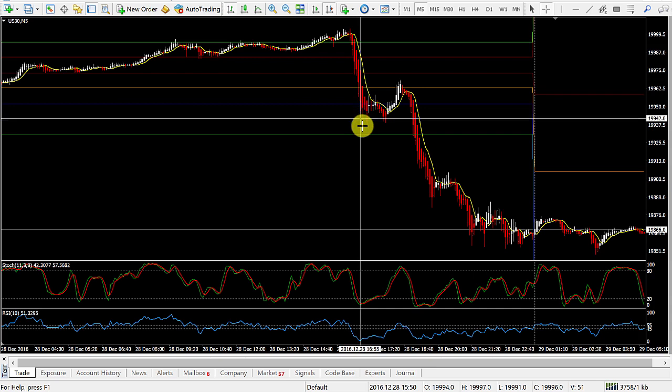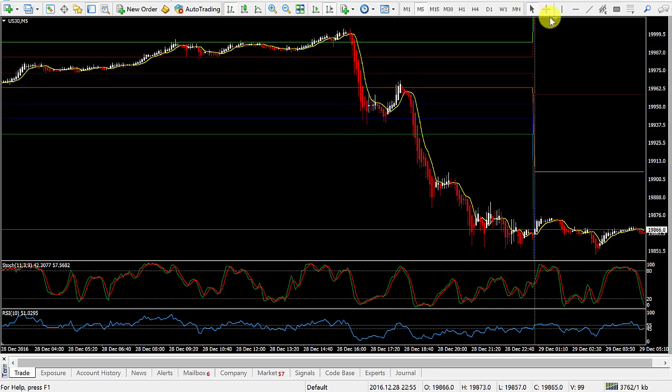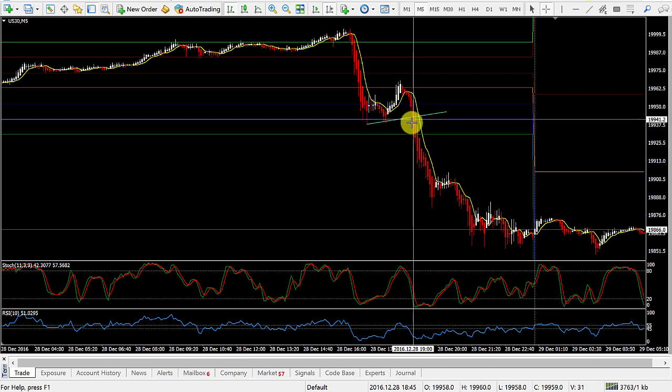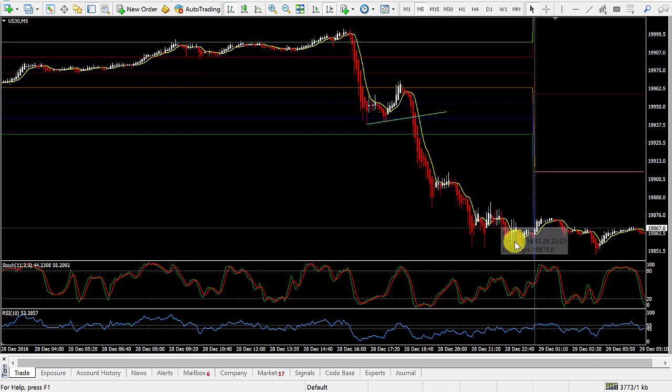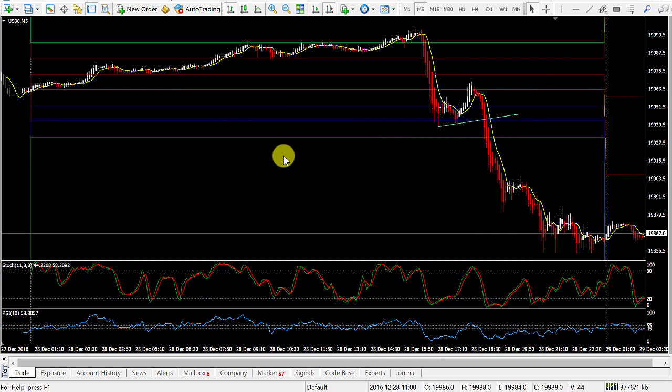So we have 1 wave here, for example. Suppose we got in here after the breakout, and 1 wave, 2 waves, we ride out this pullback, 3 waves, and then we go into this consolidation. That's when you want to get out.